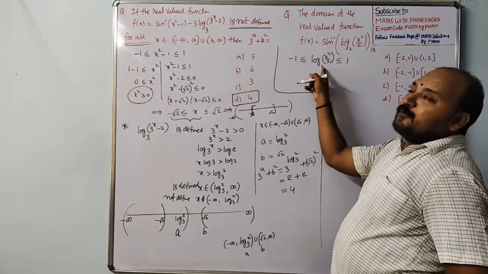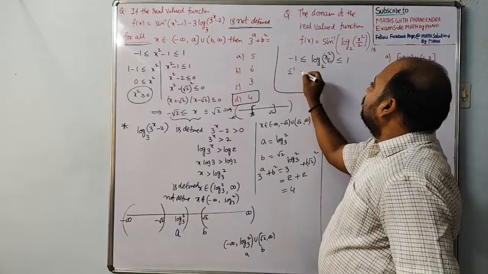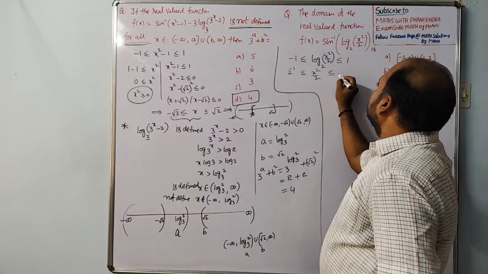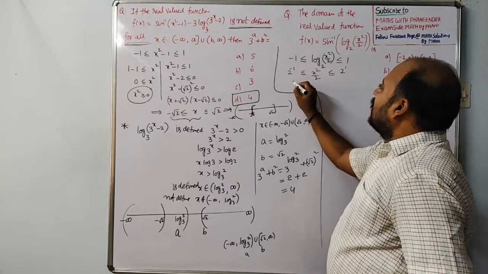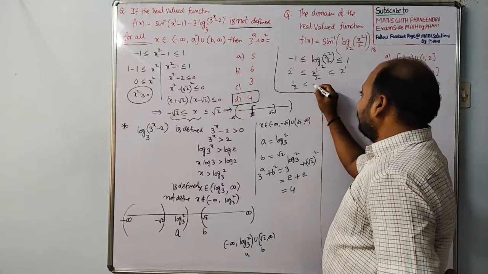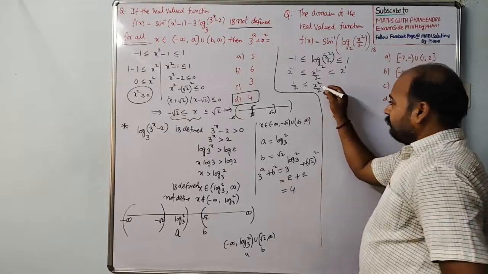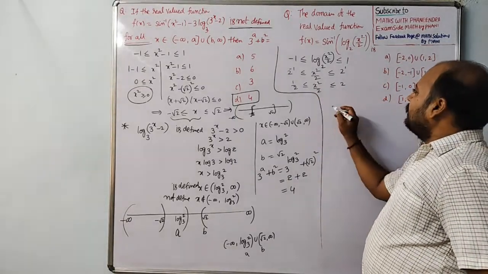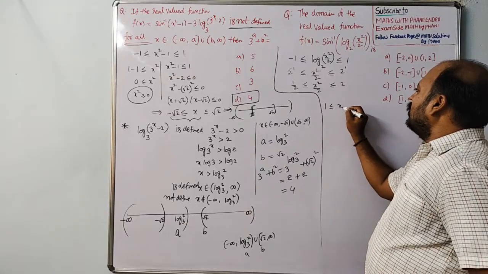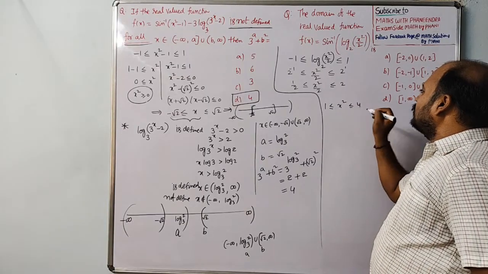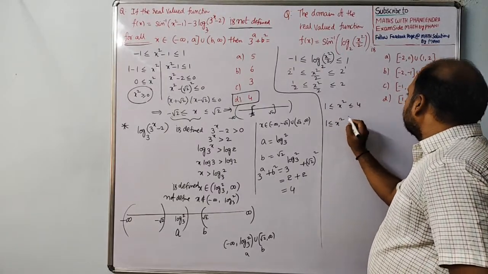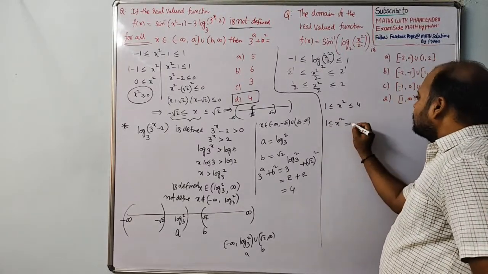So here if you remove the base, 2 power minus 1 will come, is less than or equal to, the log also we are going to remove, x square by 2 is less than or equal to 2 power 1. 1 by 2 is less than or equal to x square by 2 is less than or equal to 2. Multiplying by 2 it comes 1 is less than or equal to x square is less than or equal to 4.